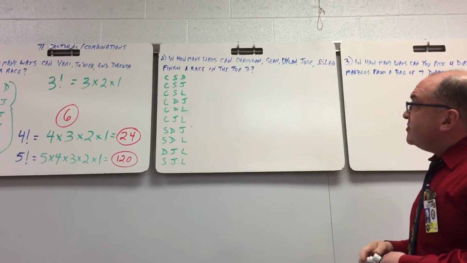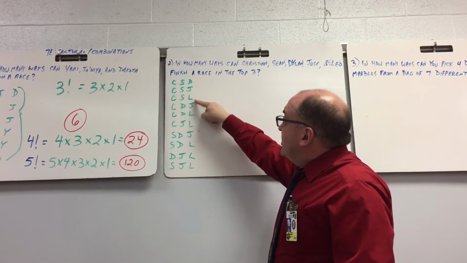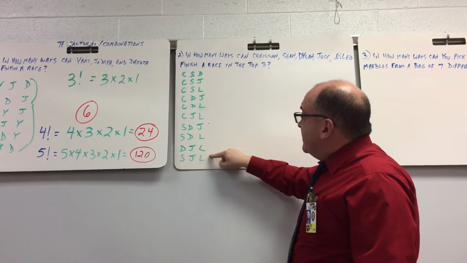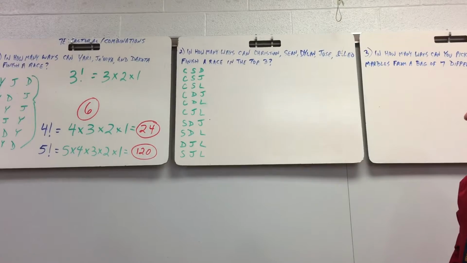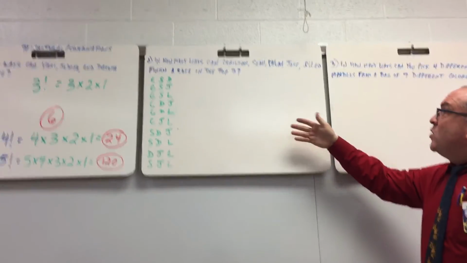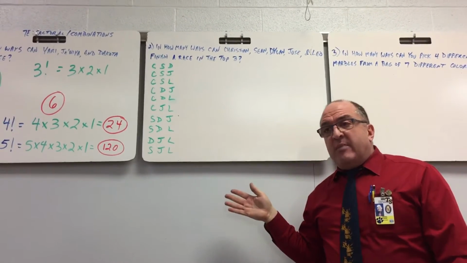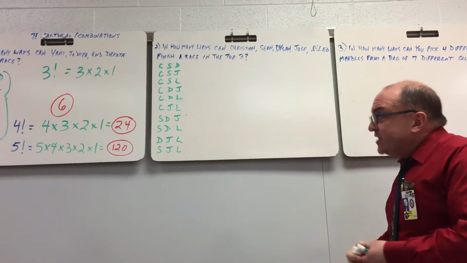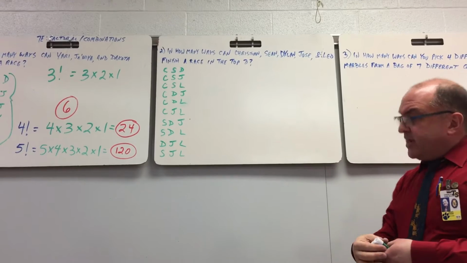Okay. Here it is. 1, 2, 3, 4, 5, 6, 7, 8, 9, 10. There are 10 different ways for that to happen. Okay? Once again, is there a way to do that without having to write out all of the possible combinations? The answer is yes. Okay? And it's called a combination. How do we do a combination?